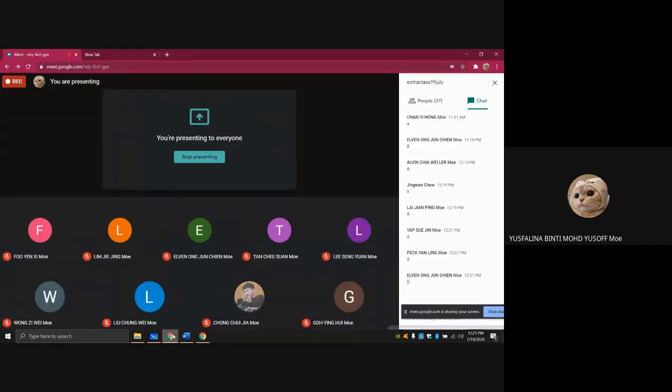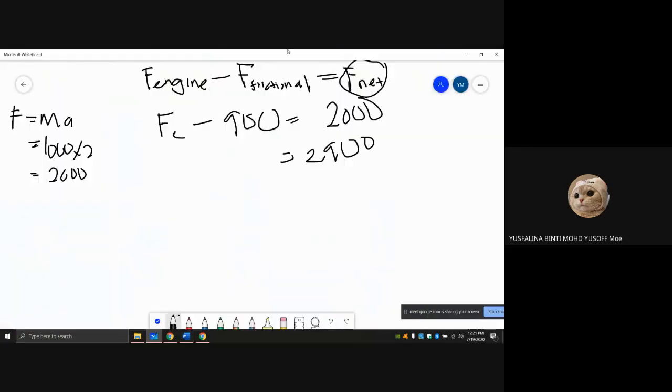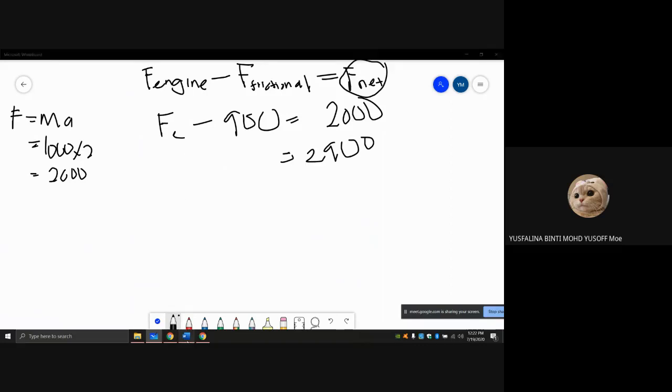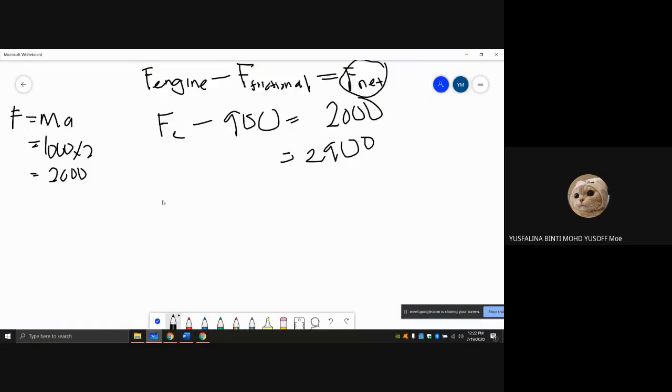Okay, good. The answer is D. So how did you get the answer? Same like this one. This one is not given by the engine, this one you have to push. So the force that you push is 10, and the frictional force is 2. 10 minus 2, so you get F net is 8.